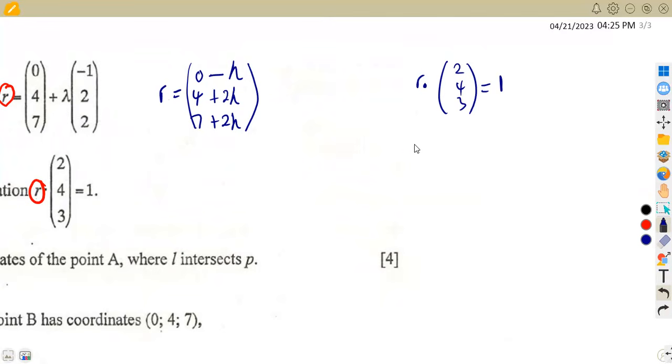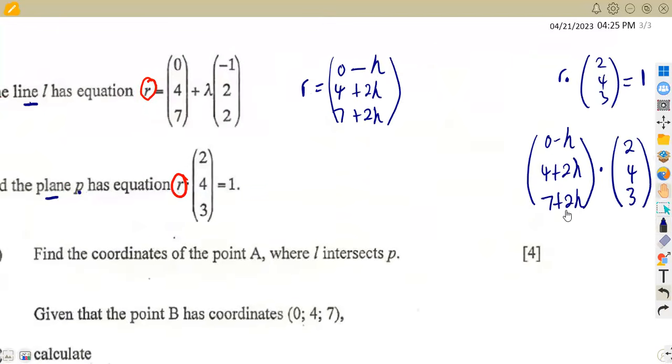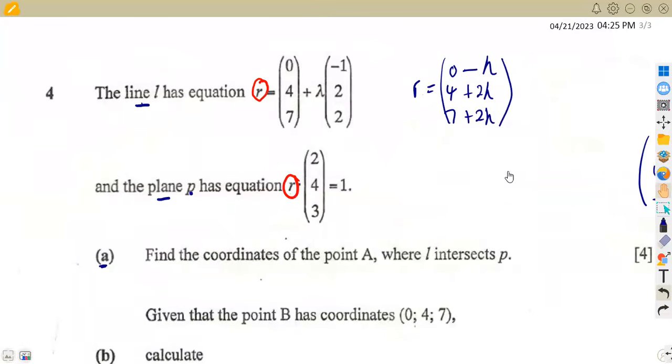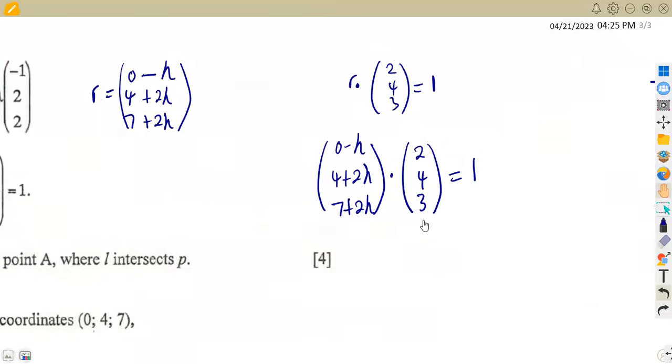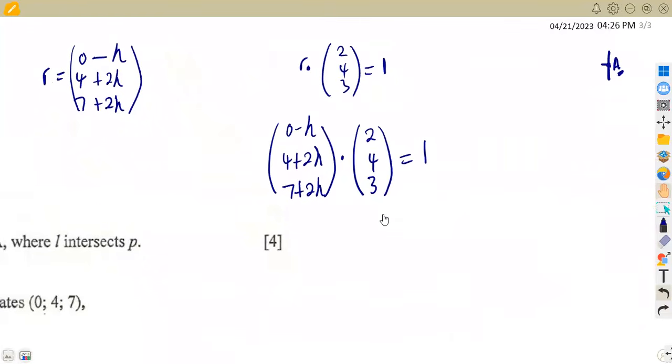This is going to give us 0 minus lambda, 4 plus 2 lambda, 7 plus 2 lambda, and we apply the dot product with (2, 4, 3). This is going to help us calculate the value of lambda. And having this value of lambda, we are just going to substitute in place of r, so that we have the point which we are referring to as A. So this is the concept of how to answer these typical questions.